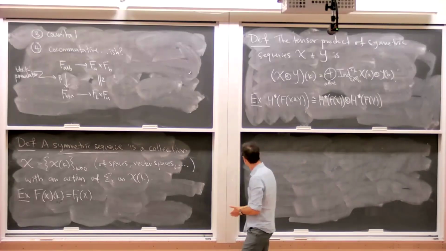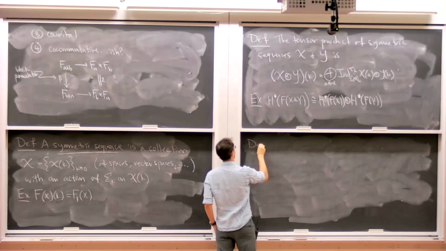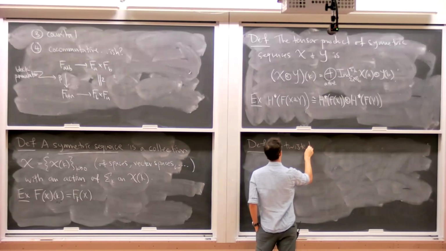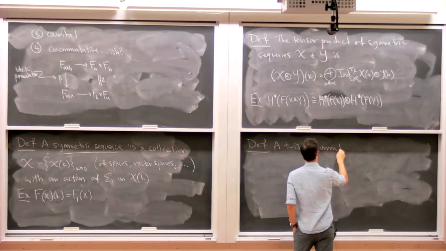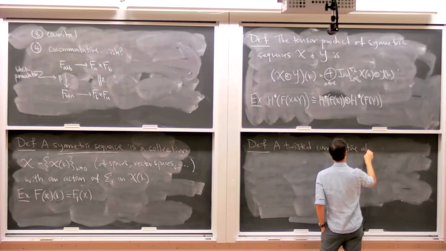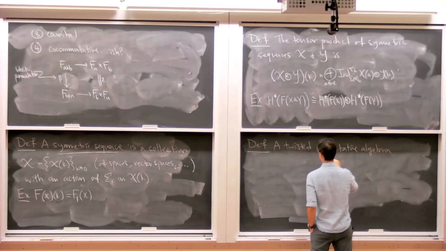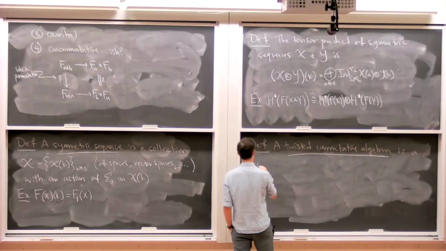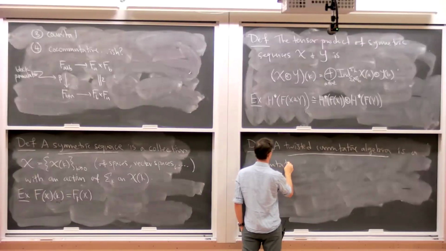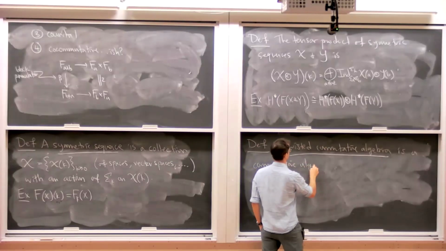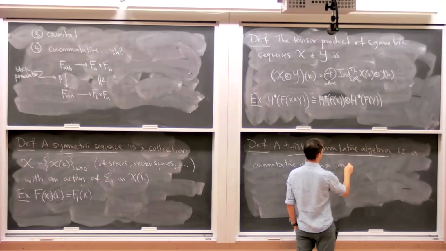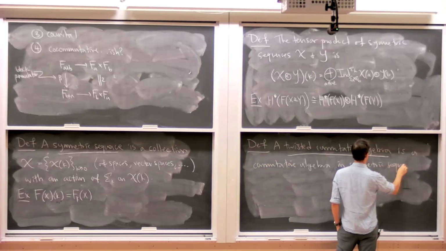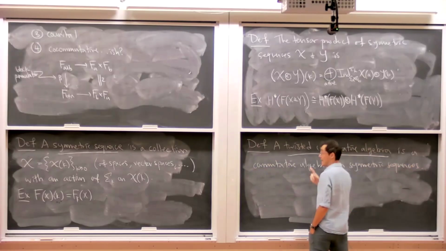So one more definition. A twisted commutative algebra is a commutative algebra in symmetric sequences with that tensor product.